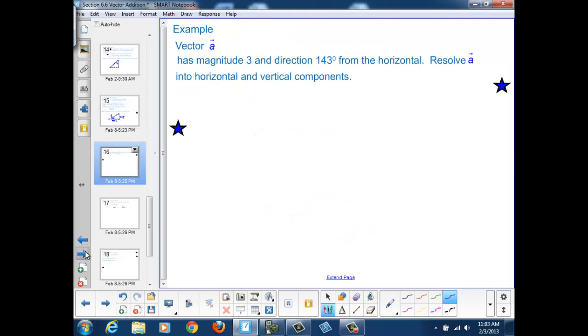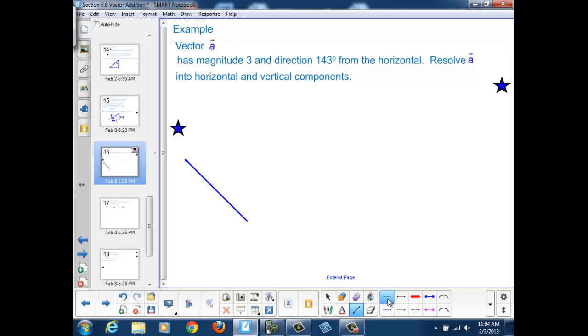If we look at a standard question, let's say vector A has a magnitude of 3 and a direction 143 degrees from the horizontal. So let's draw that vector. A magnitude of 3 and an angle of 143 degrees from the horizontal.